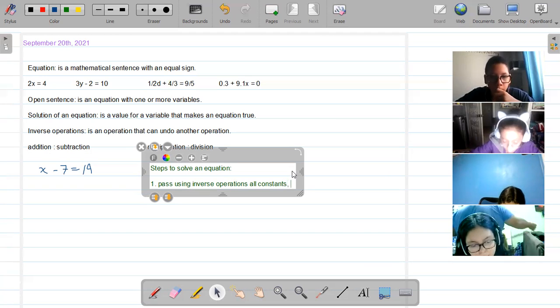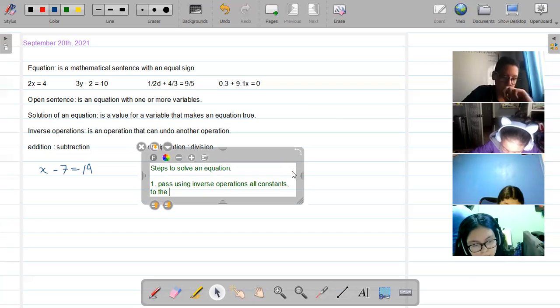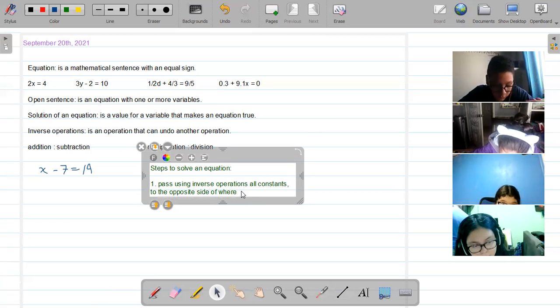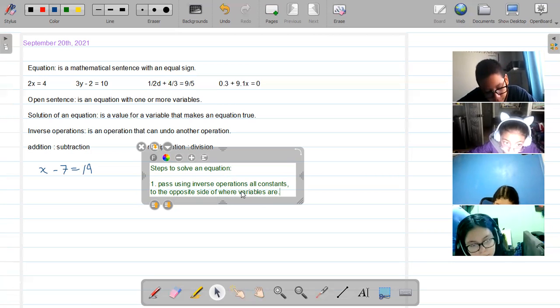Pass it where? Pass it to the opposite side of where the variables are. Okay, that's it. So pass using inverse operation, all constants to the opposite side of where variables are.